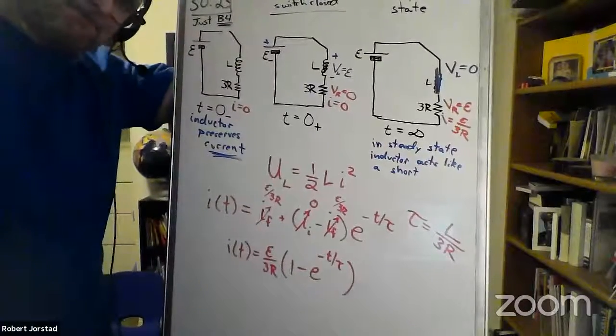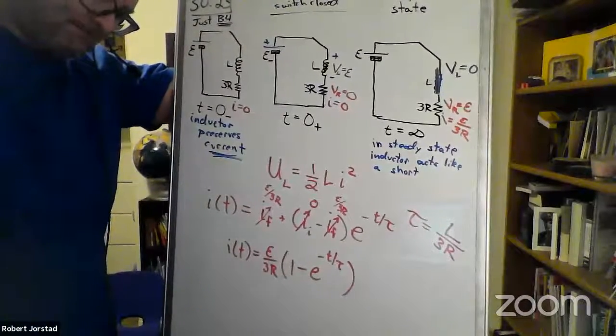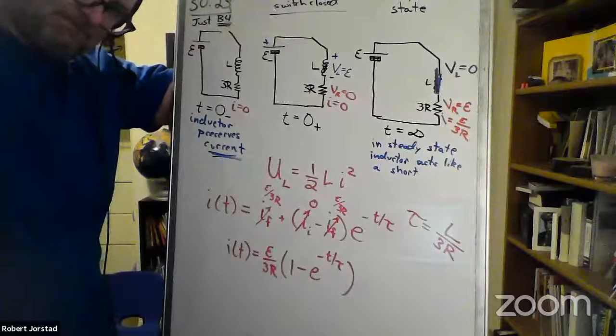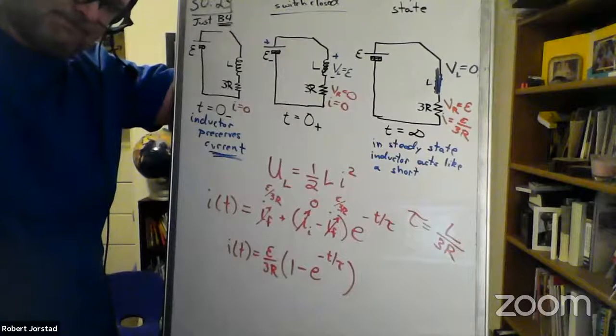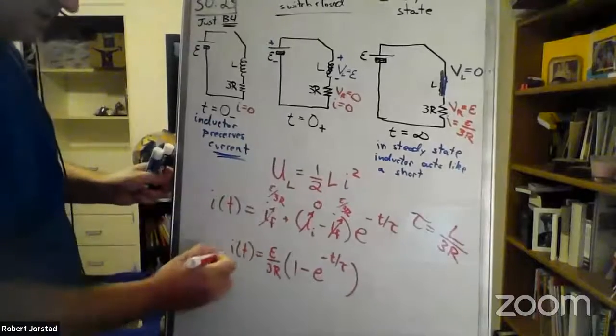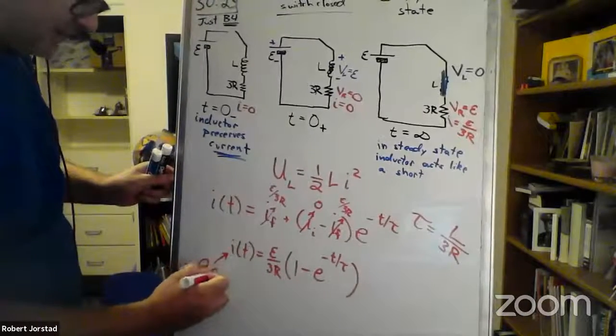What do you think? Would you replace I of t in that equation with 0.65 I and then solve for time? Okay, so he's saying right here, could I just say this is 0.65?